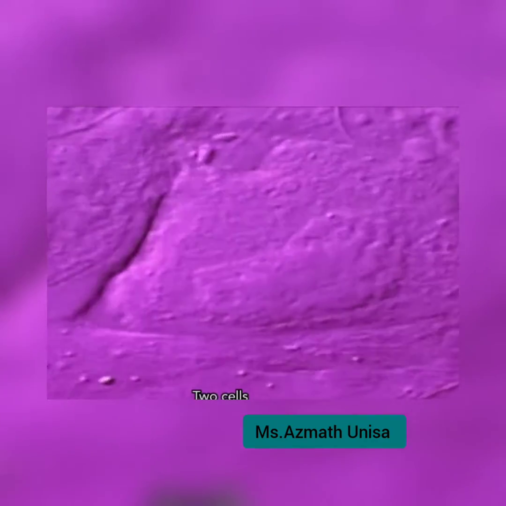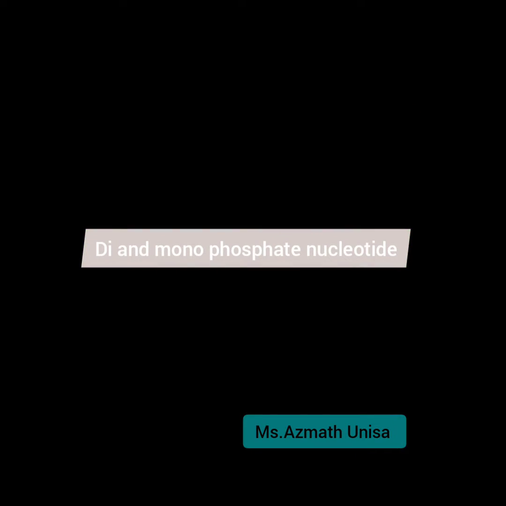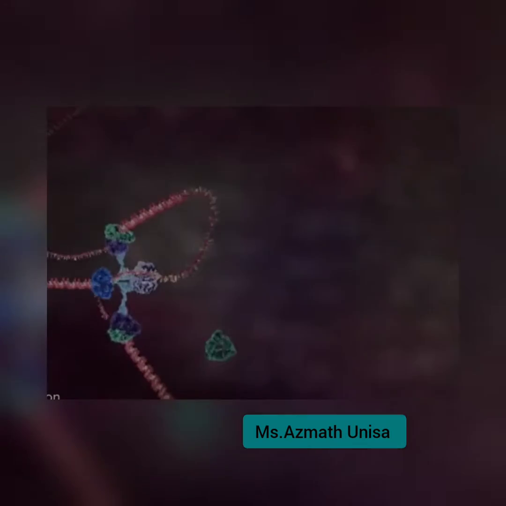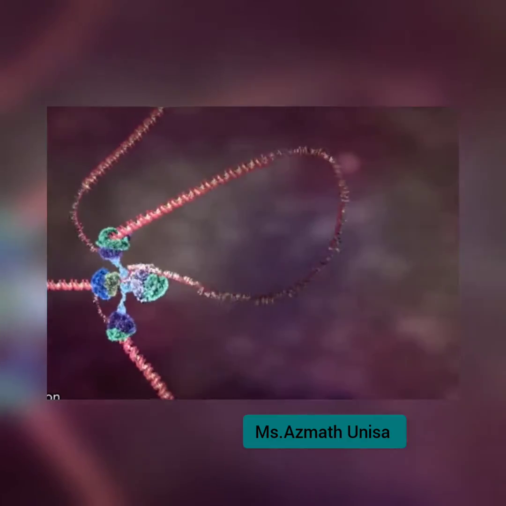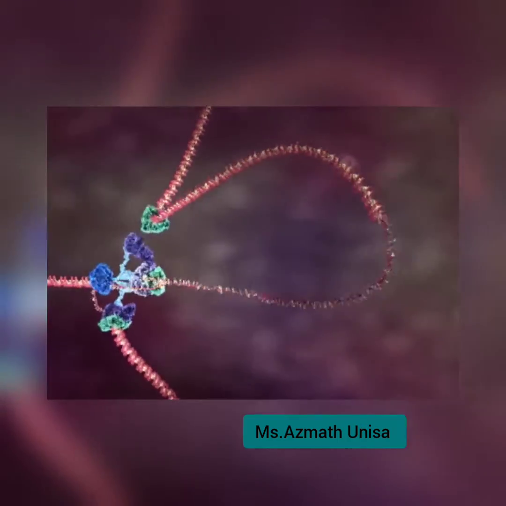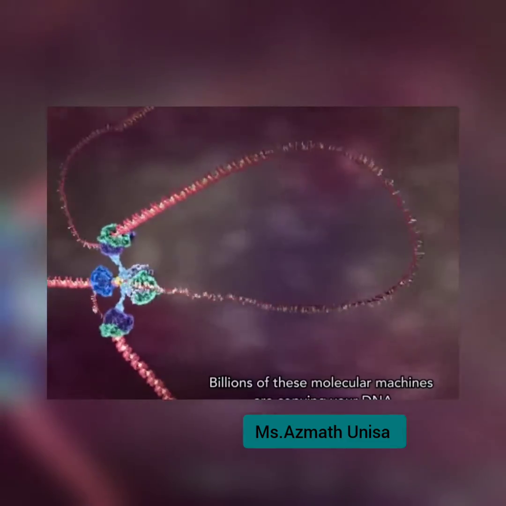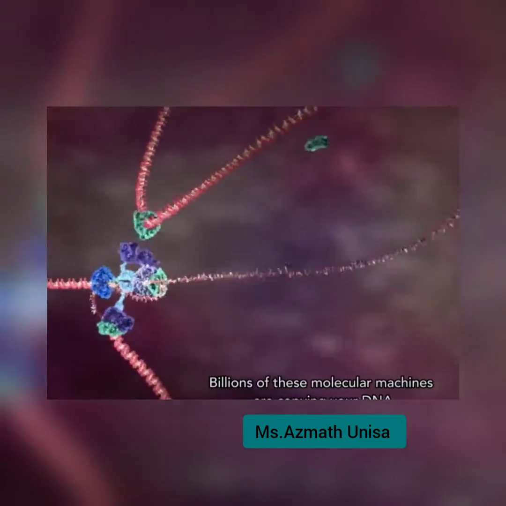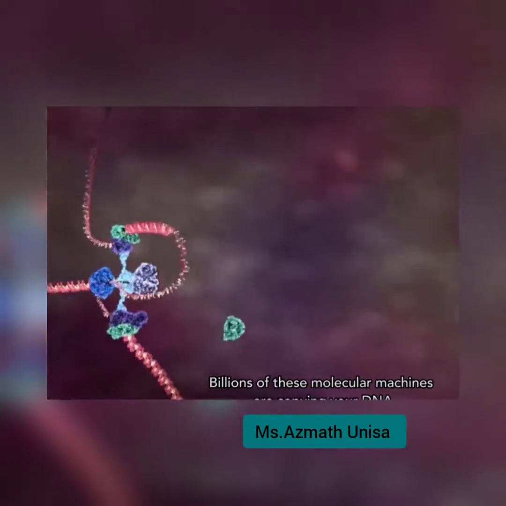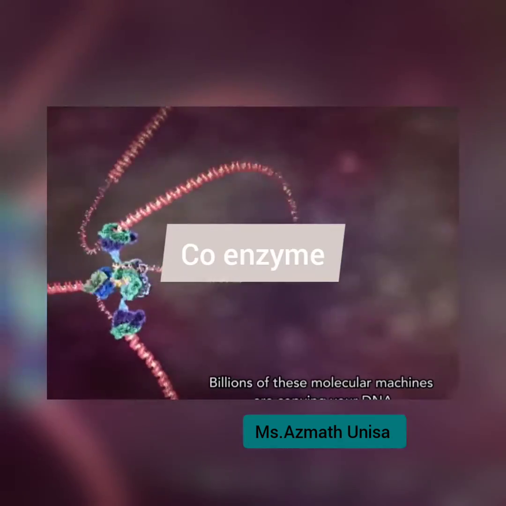Coming to the free nucleotides, di- and monophosphate nucleotides cannot bond to become nucleic acid. Nevertheless, these nucleotides still have important cellular functions. So the nucleotides can act as coenzymes.